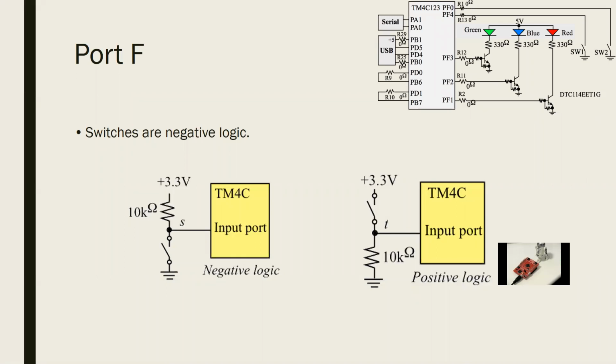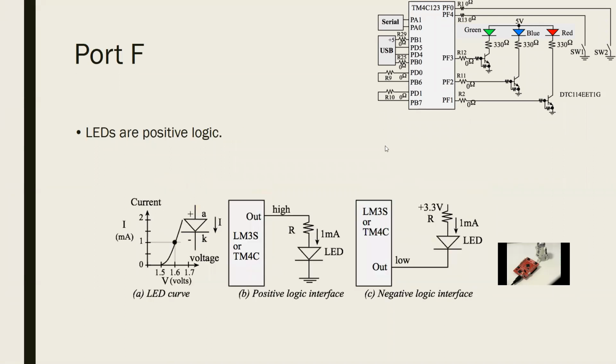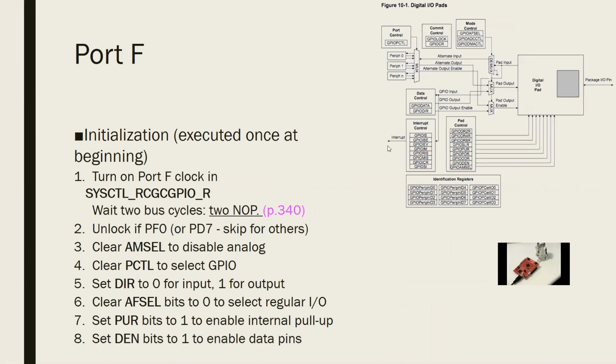But if you want to use another pin of a port, and it's always the case in our control registers, you'll have to change the necessary bit which corresponds to that pin, for whatever control register you're working on. Okay, good. So this was the initialization procedure, which was executed only once at the beginning.